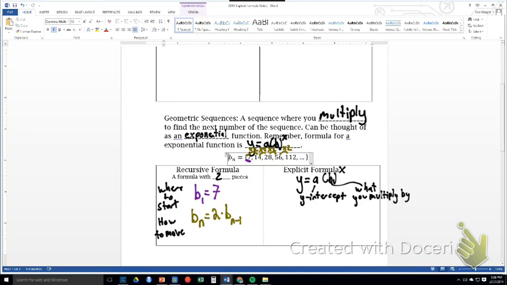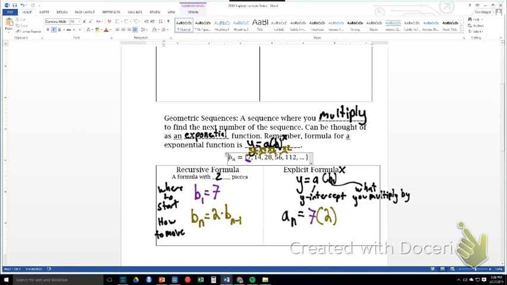All right, so now we're going to write our formula. So we know it's going to be an instead of y equals my first number, which was 7. And then times what I'm multiplying by, so times 2. And x is not going to be x anymore.